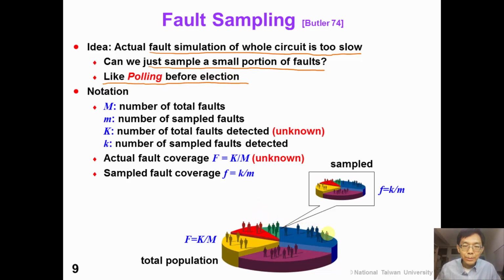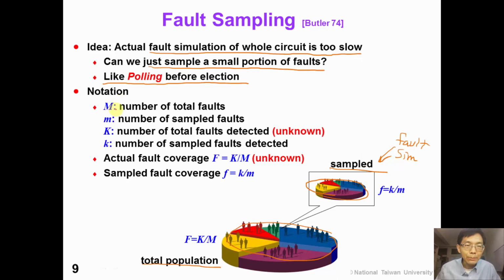Suppose this big pie chart represents the total population, and this small pie chart represents a small portion of the total population. We can just run fault simulation on this small number of sampled faults so that we can estimate our fault coverage.